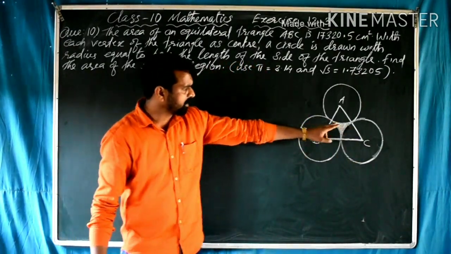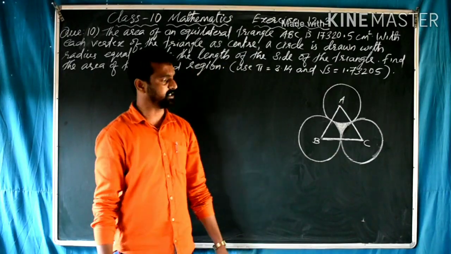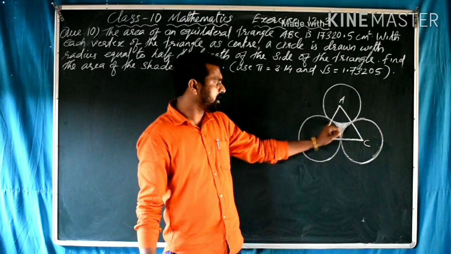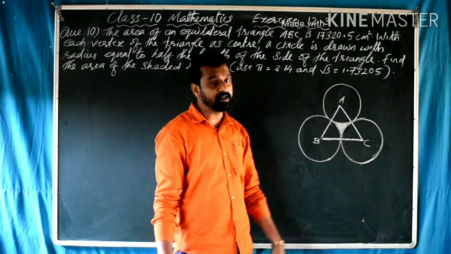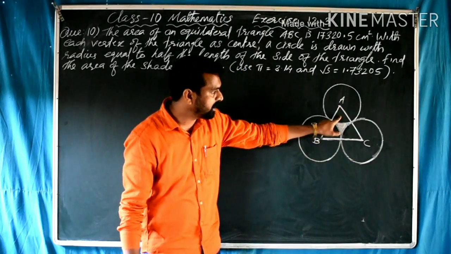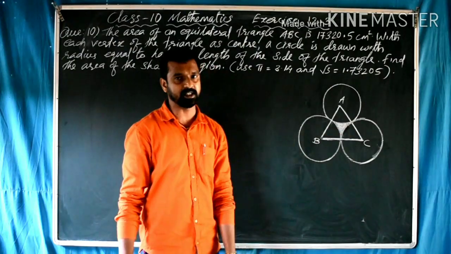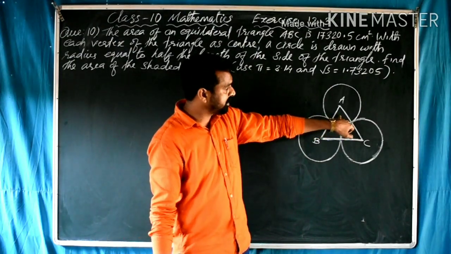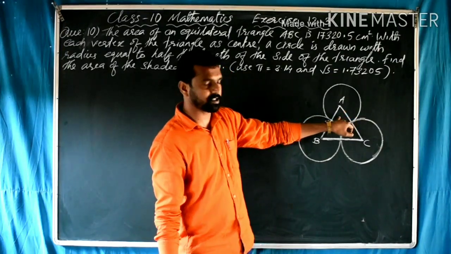Now, how can we find the area of this shaded region? Area of the shaded region is equal to area of equilateral triangle ABC minus area of these three unshaded regions. Now we have studied that this region is called a sector of the circle.